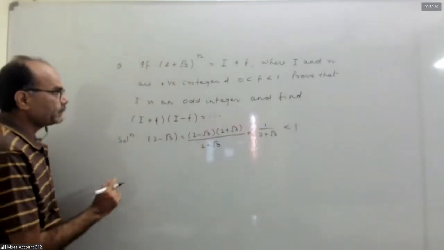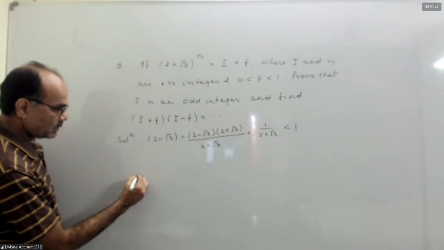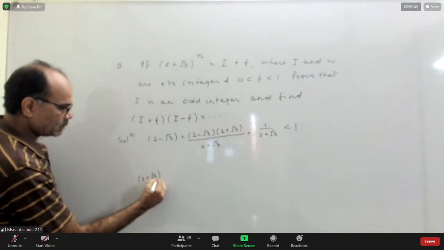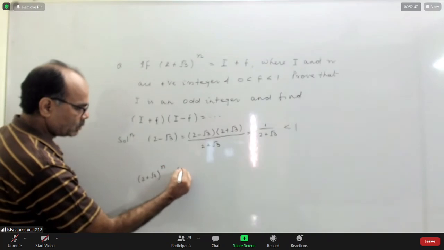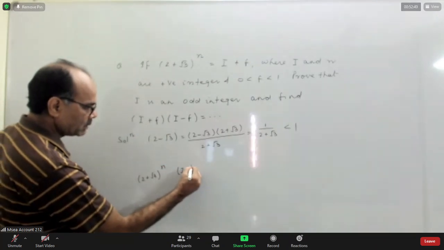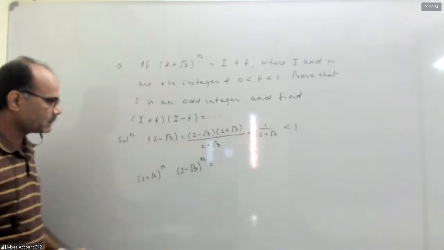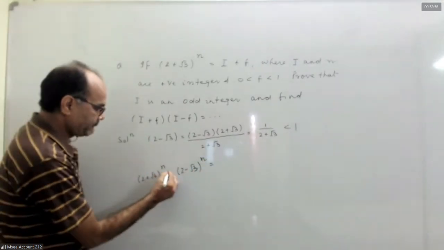Now, next step: 2 plus root 3 to the power n, and 2 minus root 3 to the power n. Which term should be added? The first term should be added.